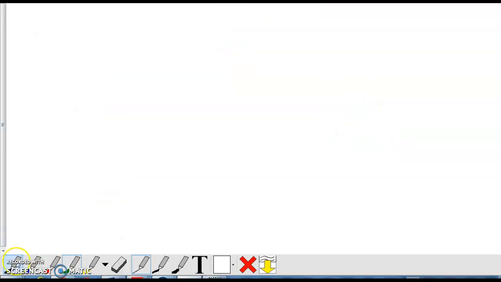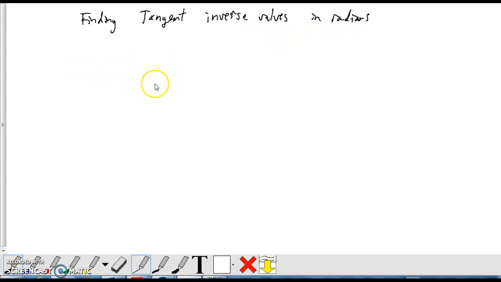Let's do tangent. So let's do our own tangents. So finding tangent inverse values in radians. All right, so remember tangent is similar to sine.